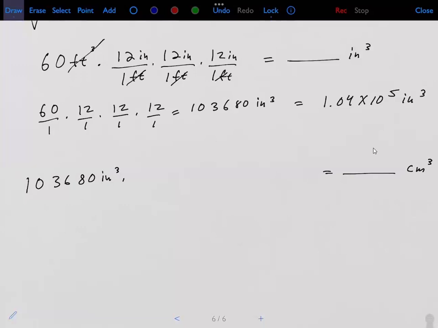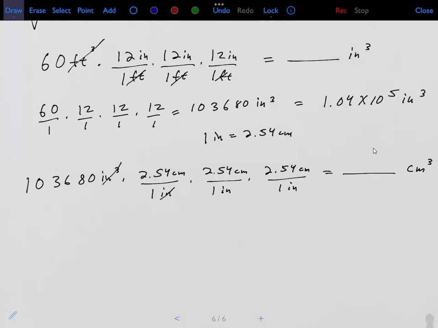And I know that 1 inch is equal to 2.54 centimeters. Okay, so here I'd have to multiply by 2.54 centimeters over 1 inch. Then I would need another one. And then finally another one. Right? I have to multiply it by that unit conversion factor 3 times.